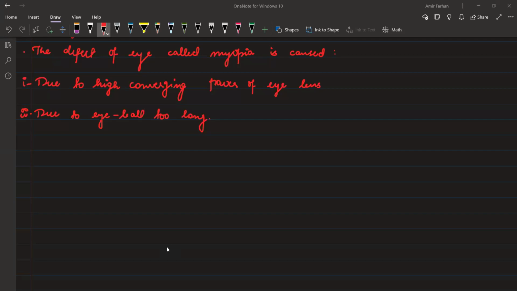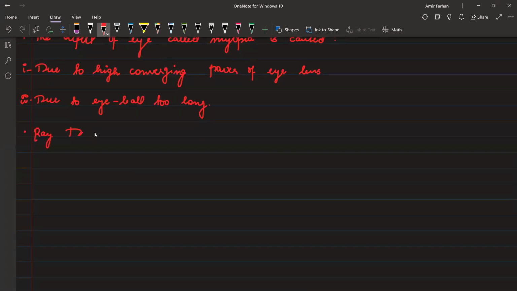Now let's understand the ray diagram of the myopic eye. Is this clear to all of you till now? Please let me know.